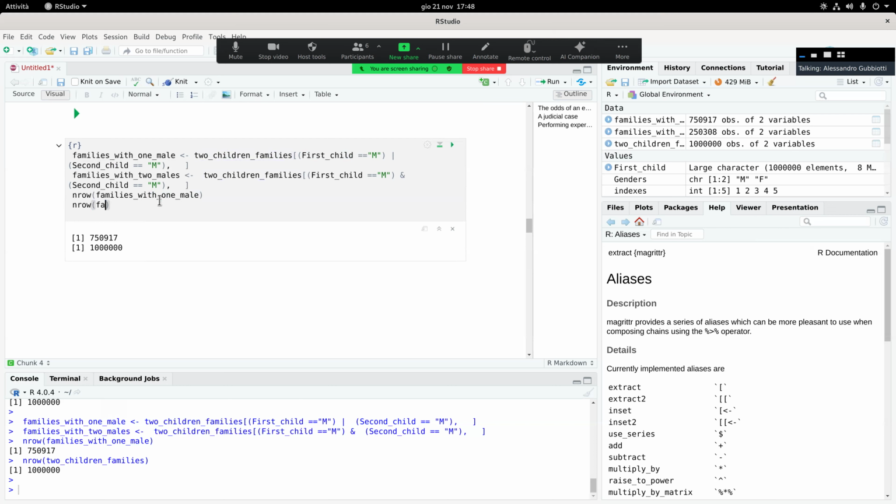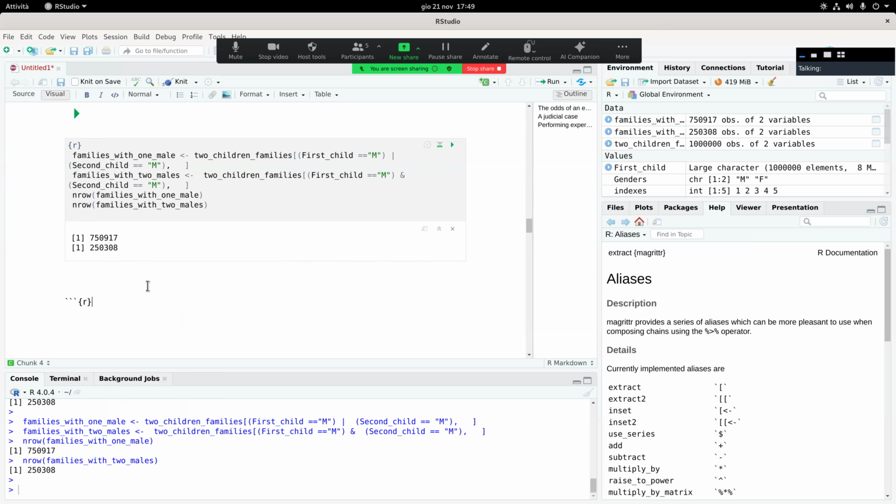So these two numbers are the numbers of families with two males, and this one is the total number of families with at least one male.